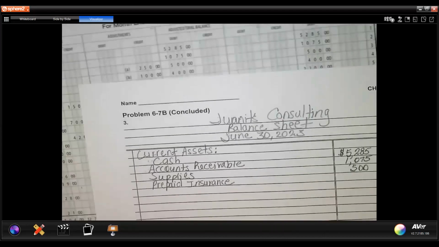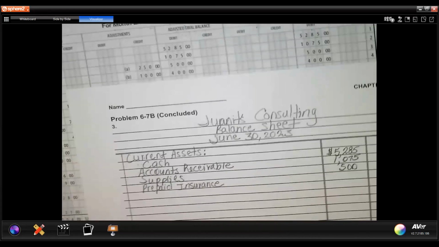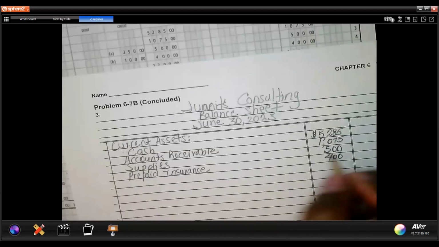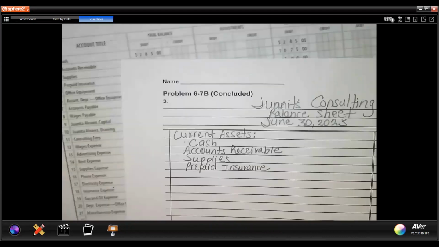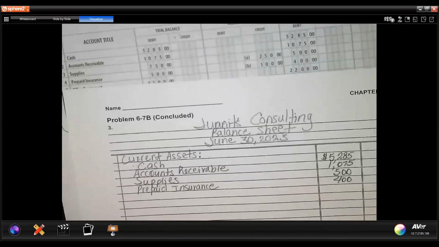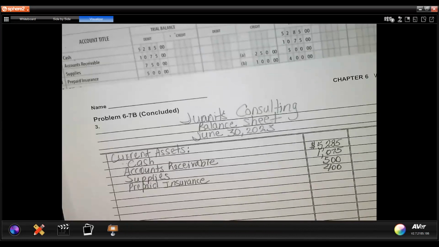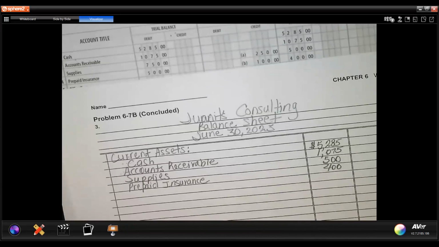Our new balance is $400. I think that was the last asset account. As you can see, our last asset account was prepaid insurance, and this is going to be our current assets that are listed.